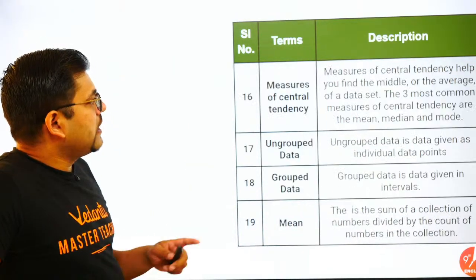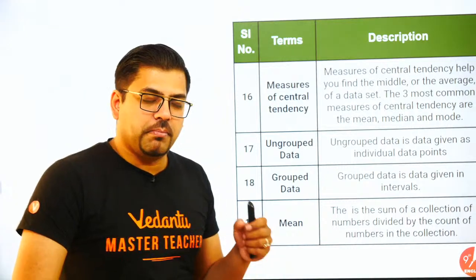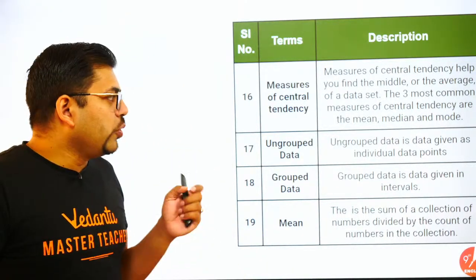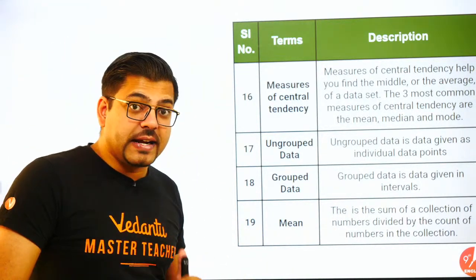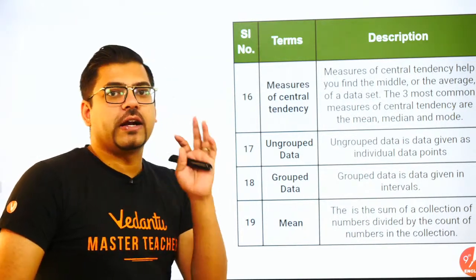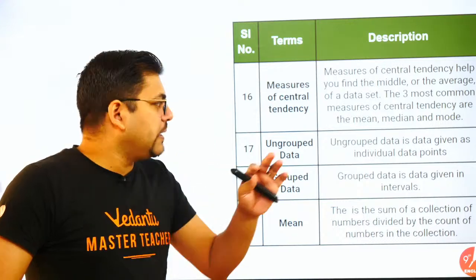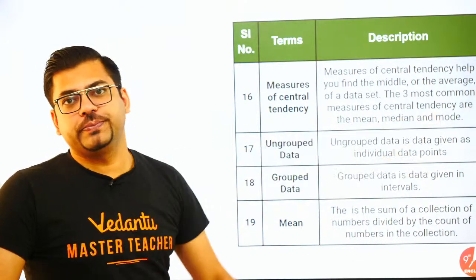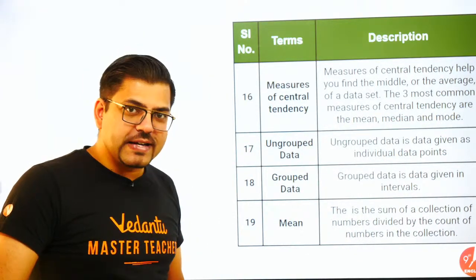So moving on, this is the next topic, measure of central tendency. Now you have to understand what central tendency is. Whatever we study in this chapter is central tendency only. Central tendency means mean, median, mode. And why do we call it central tendency?